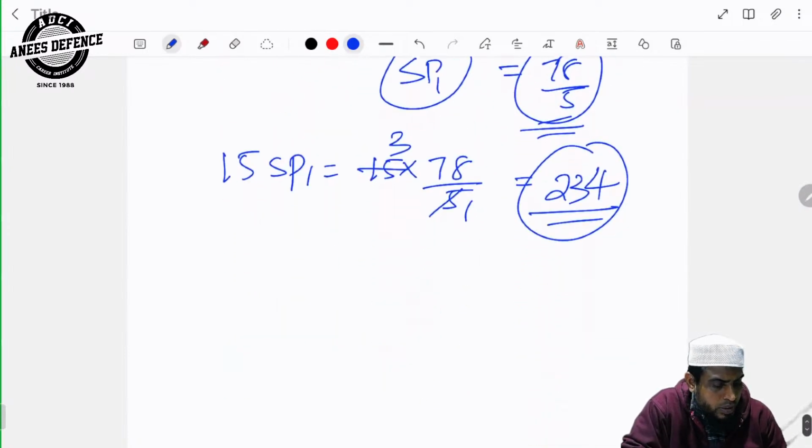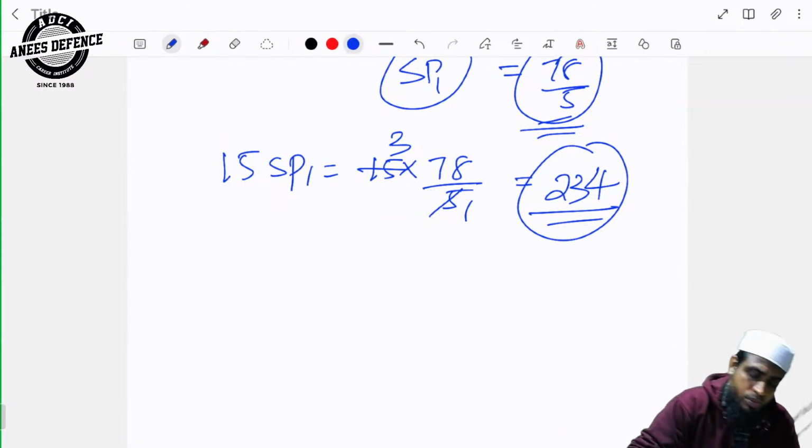Of the 25 items, 15 items are sold at a 30% profit. The remaining 10 items are sold at a 20% profit.